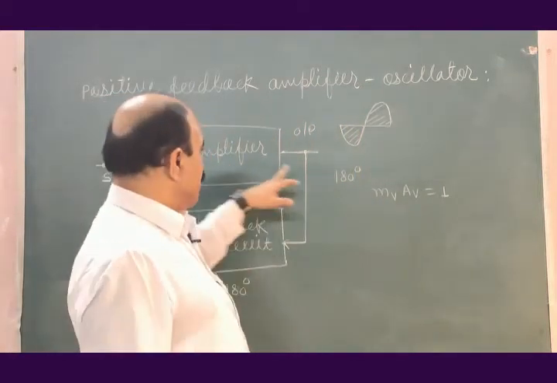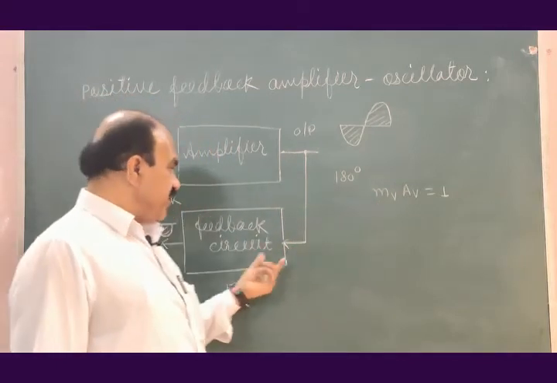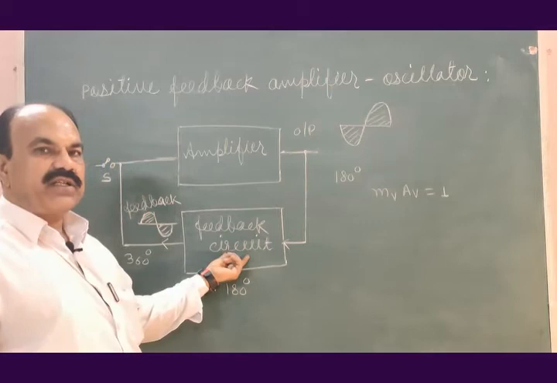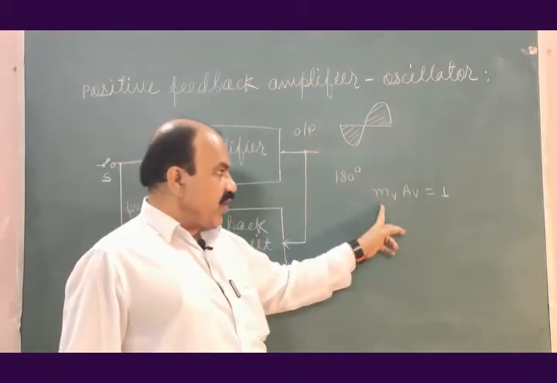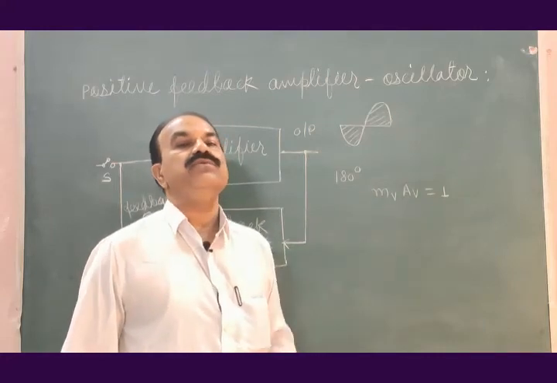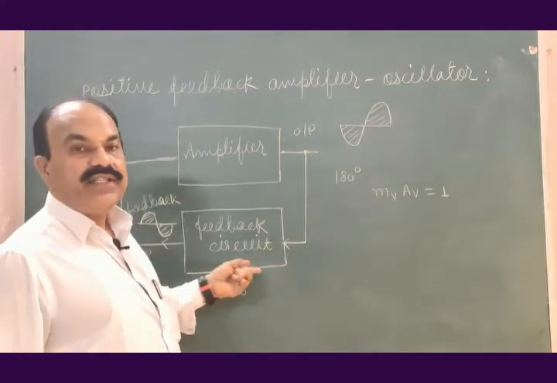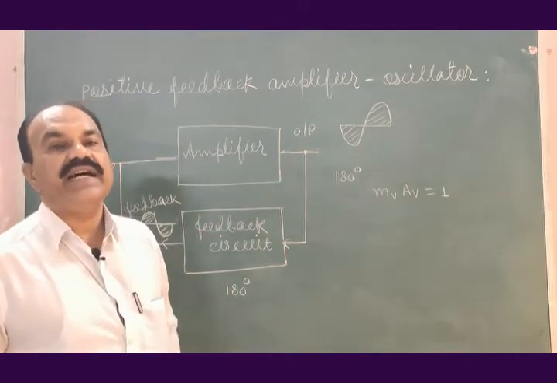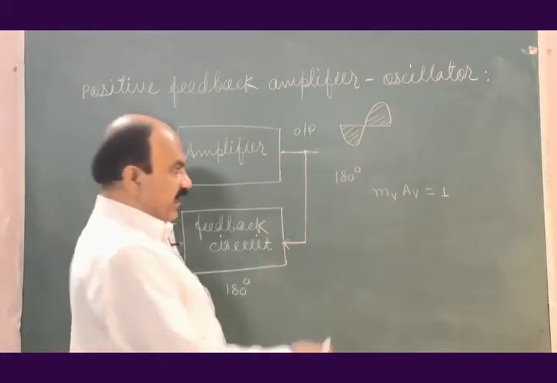Av is the voltage gain of this amplifier. Beta is the feedback factor of this feedback circuit. If the product of these two is equal to 1, then only this circuit can work as an oscillator circuit.